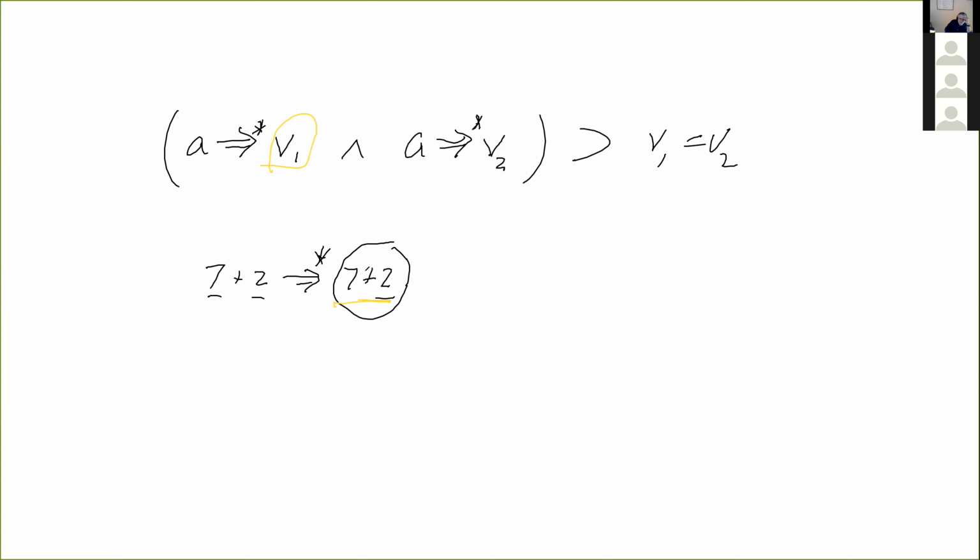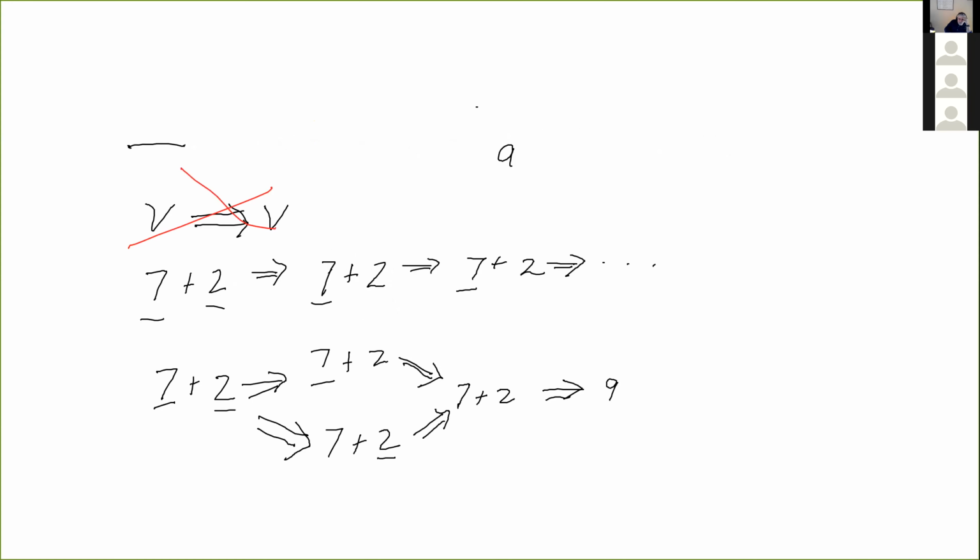So even though this isn't the star relation, this is saying something quite specific. If I go back and look at it here, this evaluates to 9. And that is a single value, and there's nothing I can do from there.